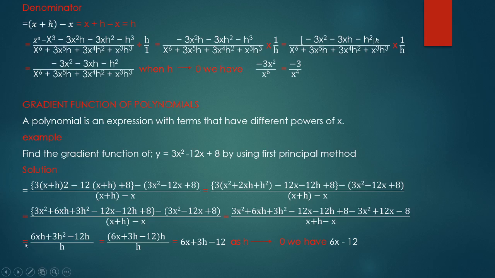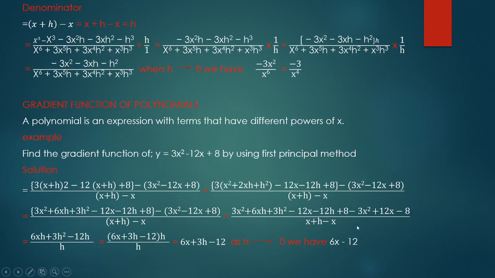Now if we have some like terms, 3x squared and 3x squared will cancel out, and then we shall also have 12x and 12x. This is negative and this is positive. It also cancels out. Negative 12x plus 12x is 0.